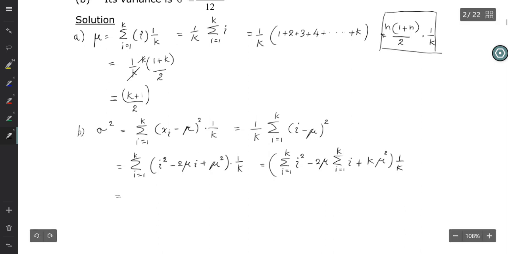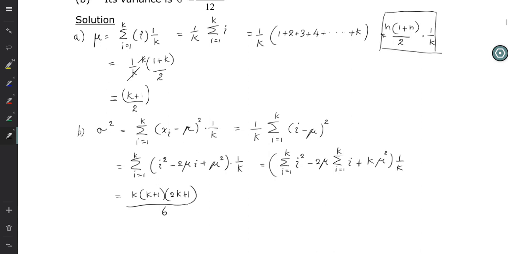Now the sum of the square terms of the first k terms, again it has an equation. So I hope you can remember this: k times (k plus 1) times (2k plus 1) divided by 6. This is the sum of the squares of the first k integers. So that is the first term. Then you have 2 times mu.